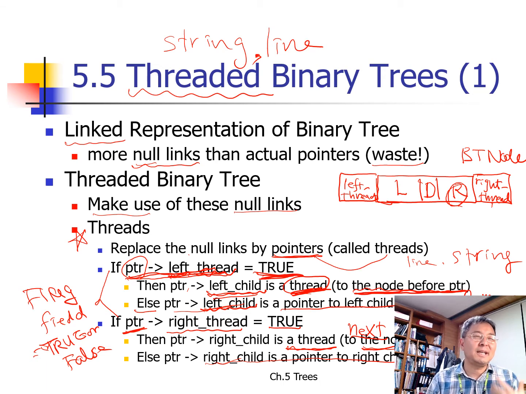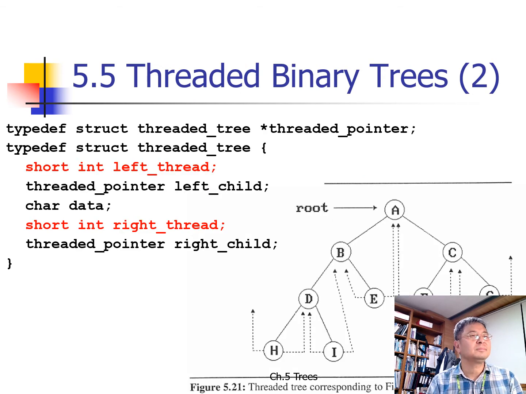Actually it is a binary tree, but this threaded binary tree has additional meanings. Where is the before node? Where is the next node? So that is added into the ordinary binary tree. That is a threaded binary tree. Okay. So that means that this threaded binary tree has 5 fields.